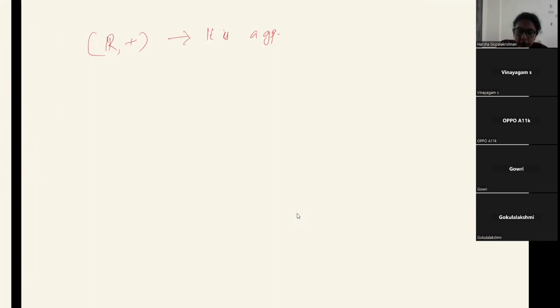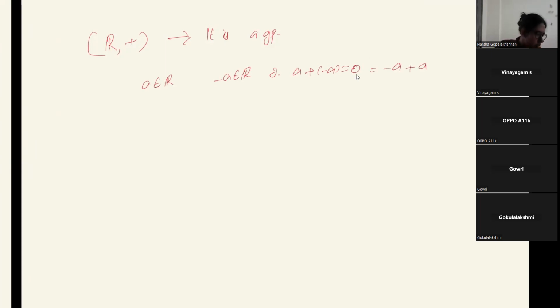Identity under addition is 0. And for inverse, if a belongs to R, there exists minus a, which also belongs to the real numbers, such that a plus minus a equals 0, which equals minus a plus a. So clearly it is a group.